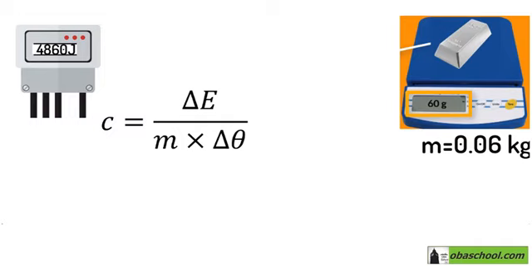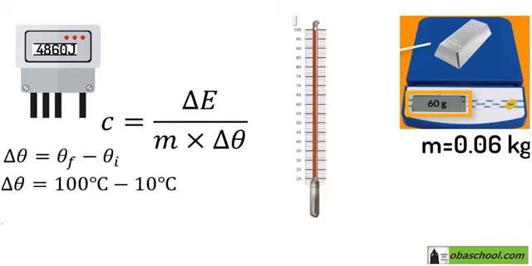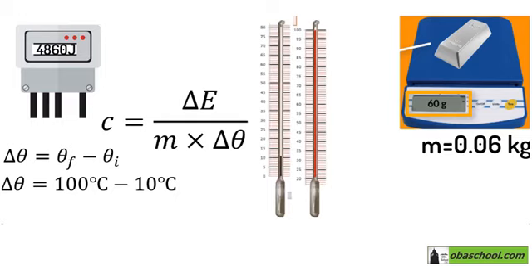Then the change in temperature read by the thermometer: delta theta is equal to theta final minus theta initial, the final temperature reached by the aluminum block minus its initial temperature. The final temperature read by the thermometer is 100 degrees Celsius and the initial one is 10 degrees Celsius. So the change in temperature is 100 degrees Celsius minus 10 degrees Celsius, which gives an answer of 90 degrees Celsius.